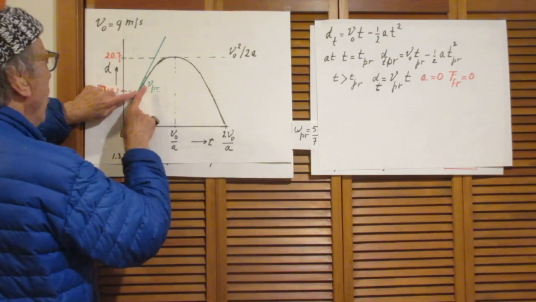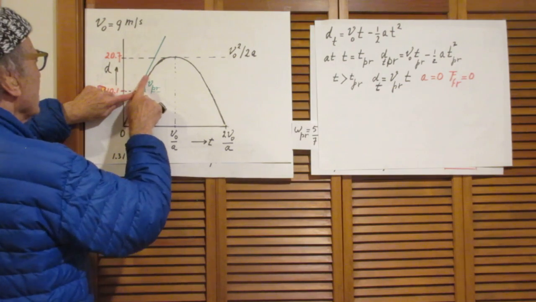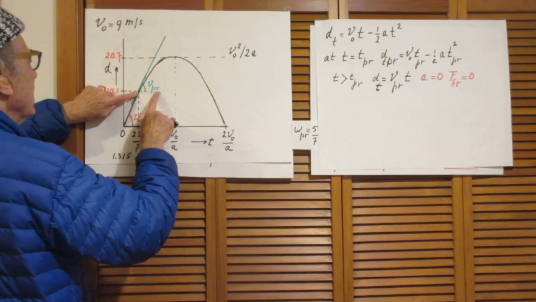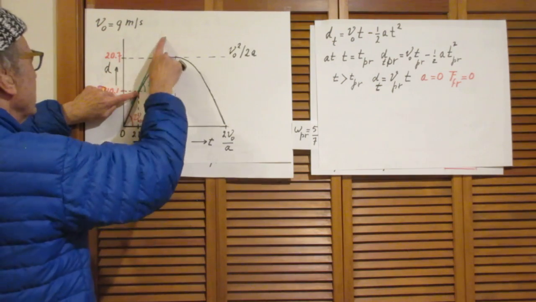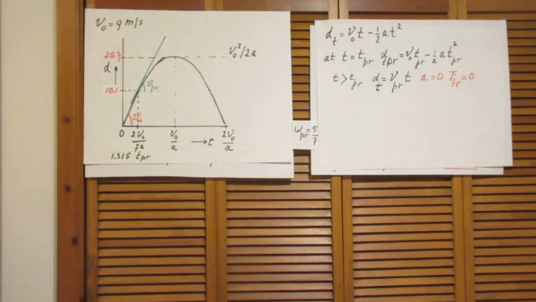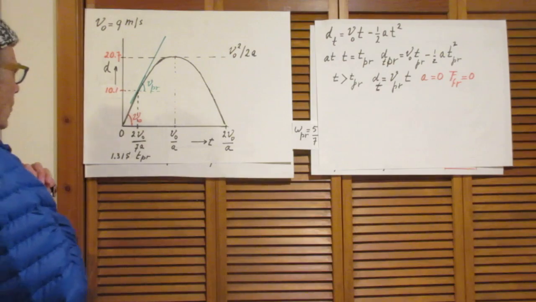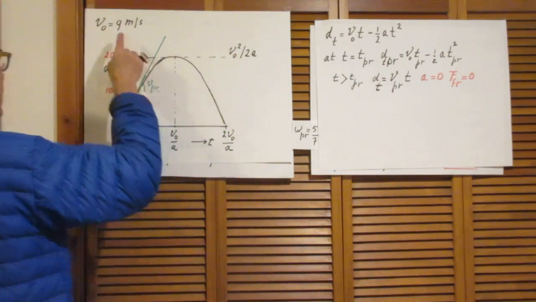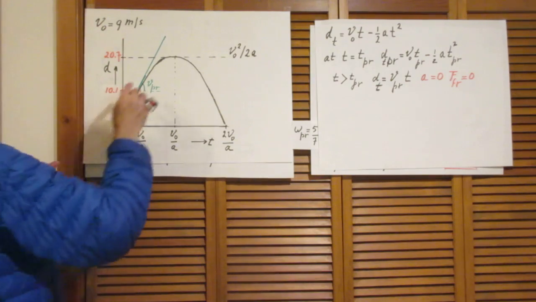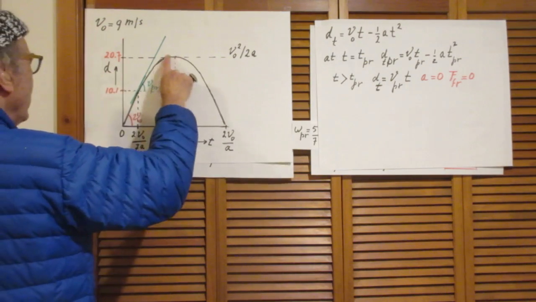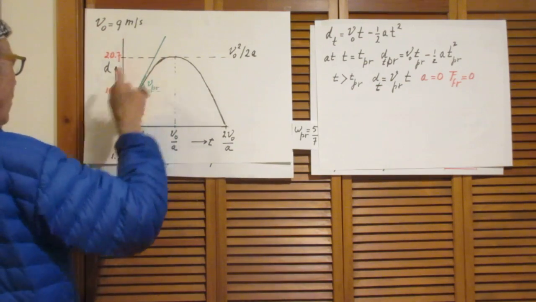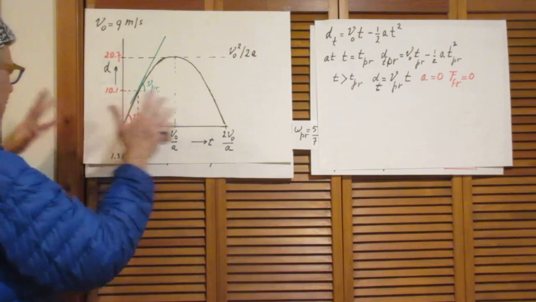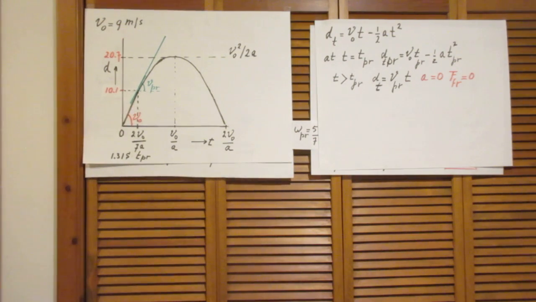And so from this moment on, d will grow linearly in time with this v times t. That's this green line. Not that it is very important, but V0 squared divided by 2a for this value of V0, that maximum value of the parabola is at 20.7, which happens to be roughly twice this one. That's not so important now.